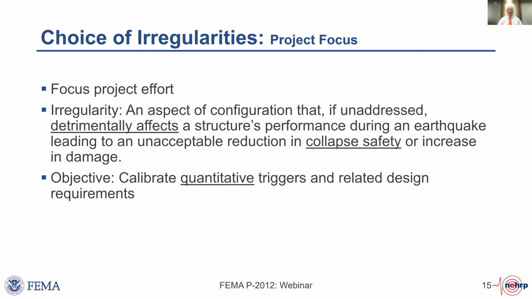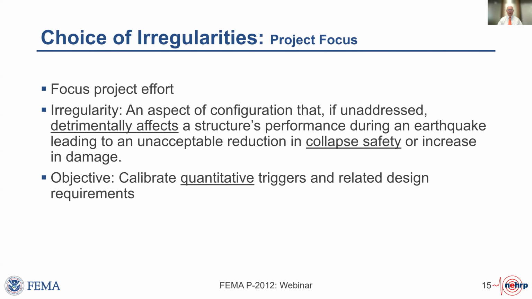So what our project focus was, yes, quantifying things, but going back to our definition of irregularity, we wanted to look at aspects of configuration that could detrimentally affect the structure's performance. So it's not just an interesting aspect of its behavior, but something that could cause the behavior to be worsened, with a particular focus on collapse safety.